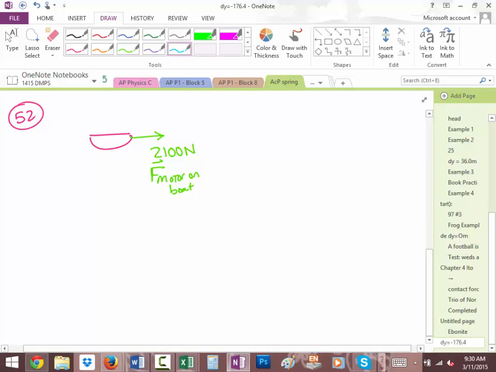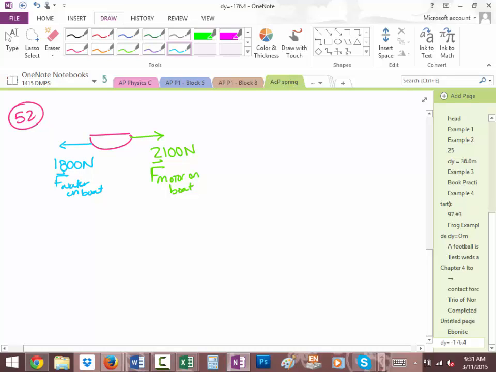A resistive force. So a force, oops, that should be a straight line, of 1,800 newtons. Force of the water on the boat. The first thing says, what is the acceleration?